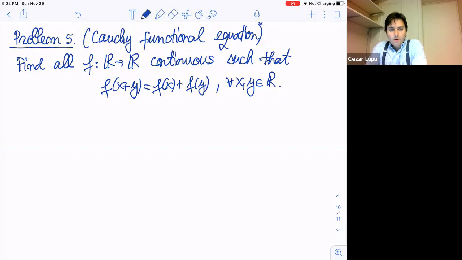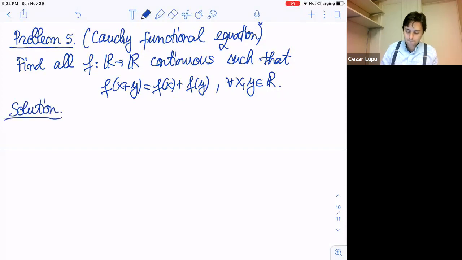And remember what we did? We determined the function on the set of rationals, right?